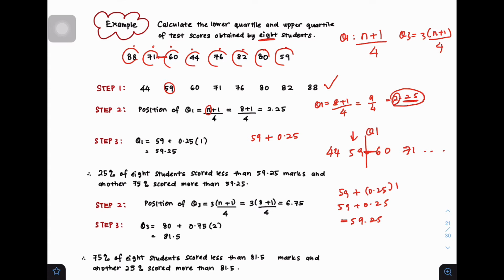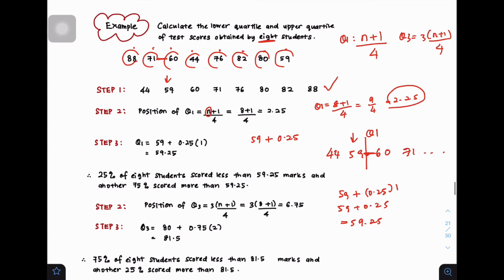Kenapa 59.25? Sebab kita dah check position Q1 kita, lower quartile kita, adalah pada point 2.25. Pada data 2.25, kita tak ada data 2.25. Kita ada ni data yang kedua. Okay, data 2.25 dia duduk di antara ni.